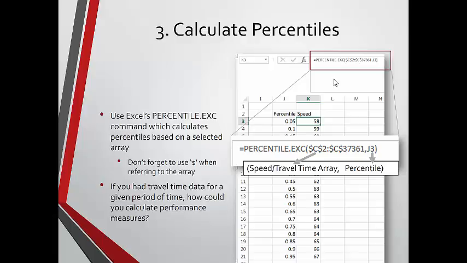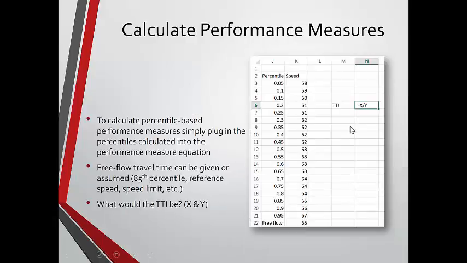You'll say 5%, 10%, what have you. So I can use this to create these percentile values and then use those directly in my travel time index calculations.